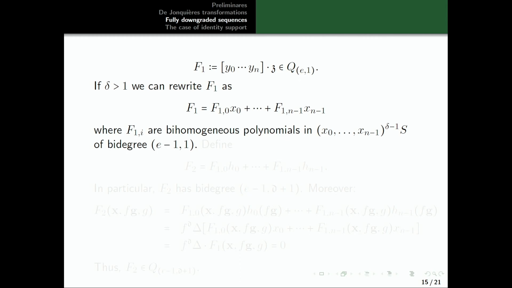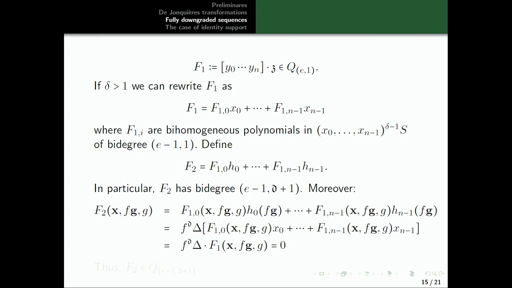And if delta is bigger than 1, we can rewrite F1 in this form, where the F1_i are bihomogeneous polynomials in this power. And now we define a new biform, F2.